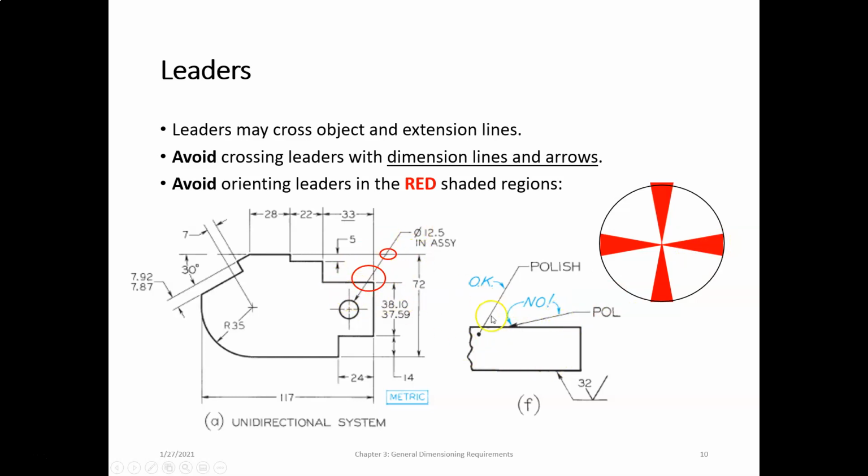This is better, it's roughly at a 45-degree angle. Notice that these are okay. When a leader crosses object lines, we really can't avoid it. Crossing extension lines is fine, and in fact, crossing dimension lines. So this is fine.